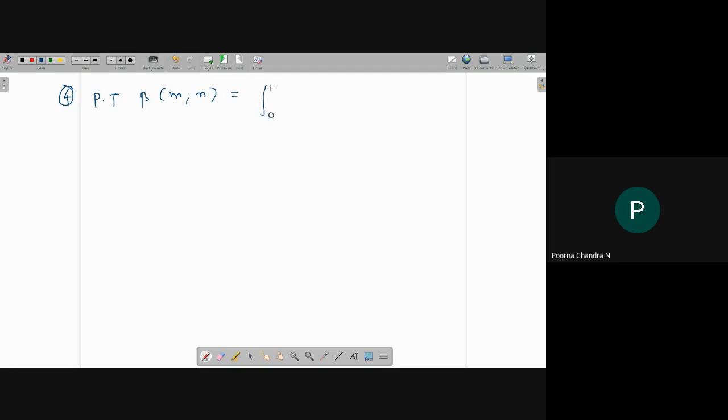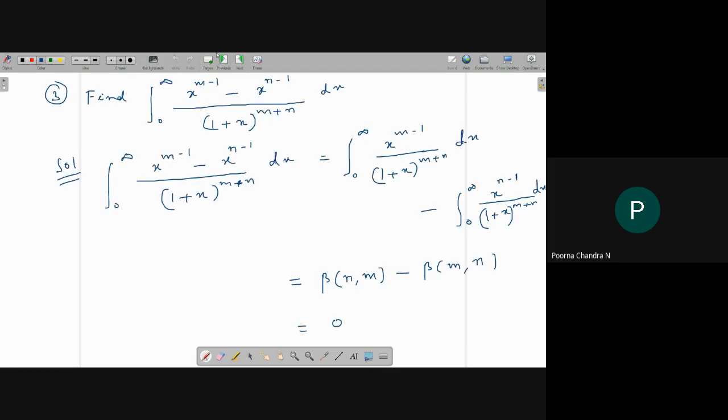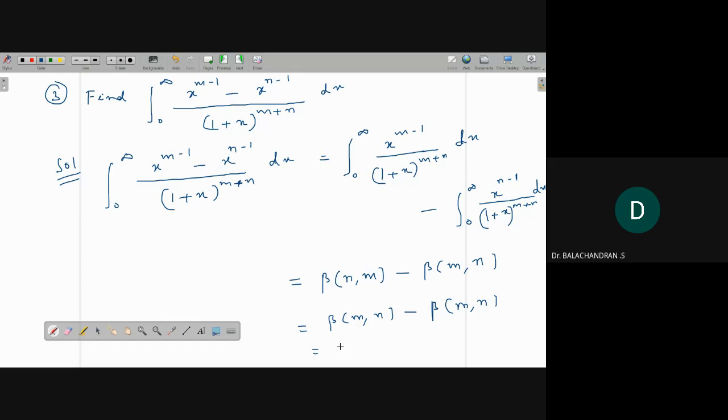Sir, in the last problem, can you write it as 0, sir? Yeah, okay, 0. That's all, over. Because these two are equal, we know that beta function is symmetrical about its argument. So beta of m comma n is the same as what? Beta of n comma m. So otherwise you can write one more step, and then this is equal to 0.